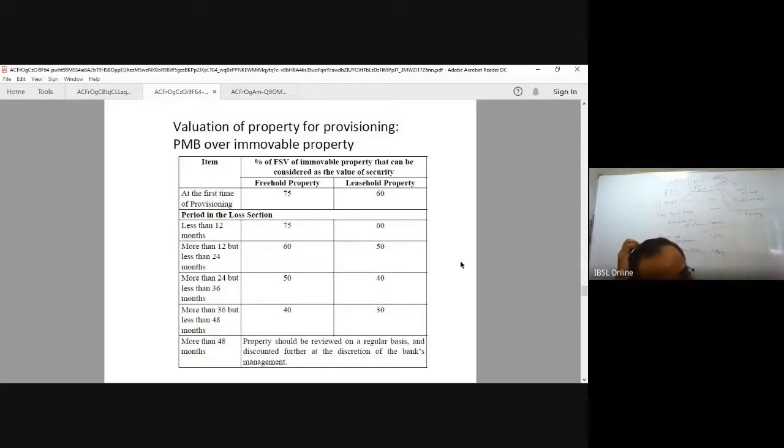So the bank's ability to take it and then give it to somebody is much, much less. The possibility of these rights being given to somebody is much less, right? I would say here, the central bank also is a bit generous in that regard, because leasehold properties are less attractive compared to freehold properties.